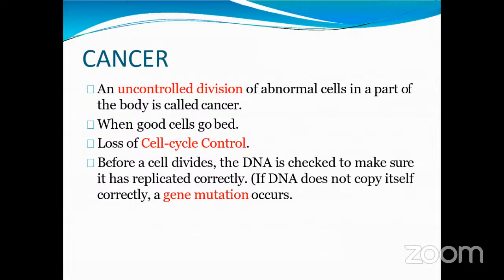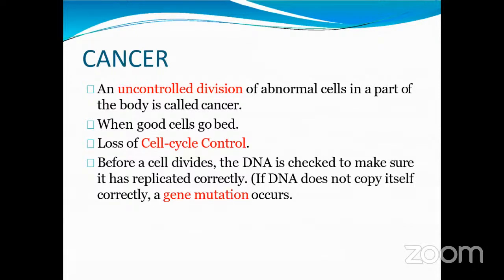If even without receiving the signal for division they start dividing, that can give rise to cancer. Or even after receiving the signal to stop the division, they still divide, that can also result in cancer. So there are only 2 types of mechanisms.